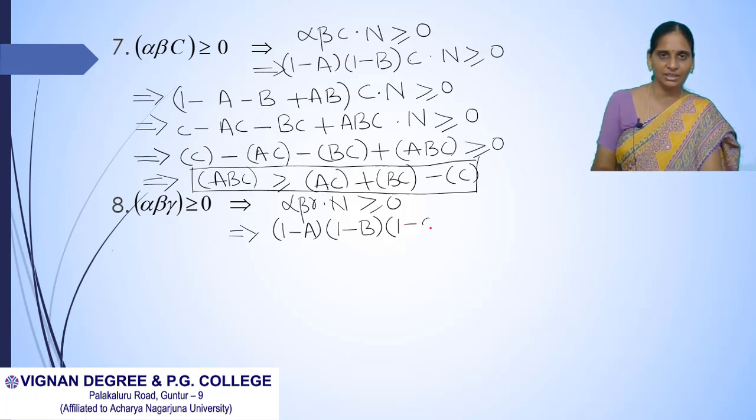Gamma can be replaced by the operator 1 minus C into N, which is greater than or equal to 0.